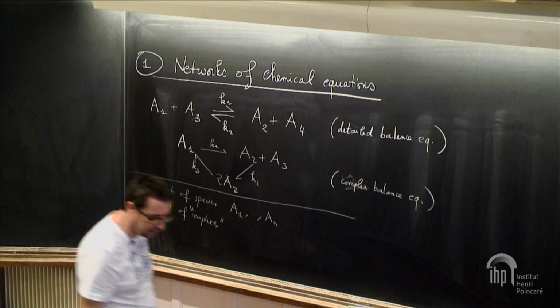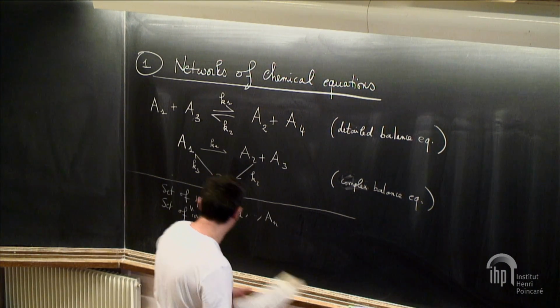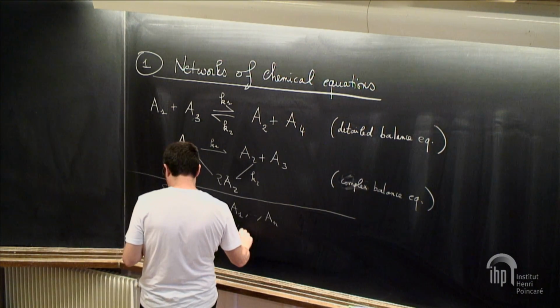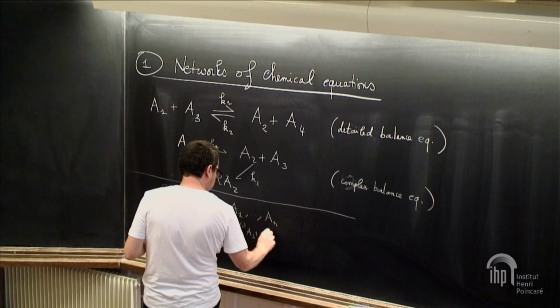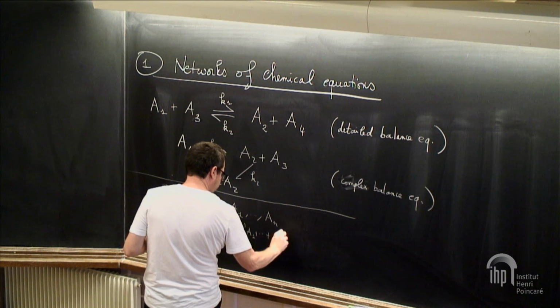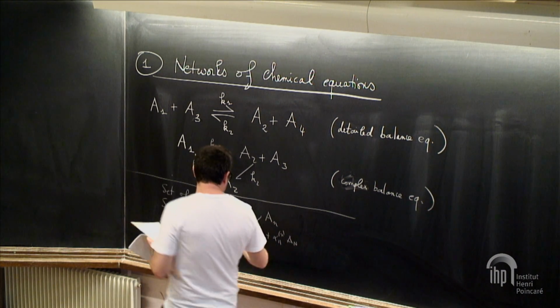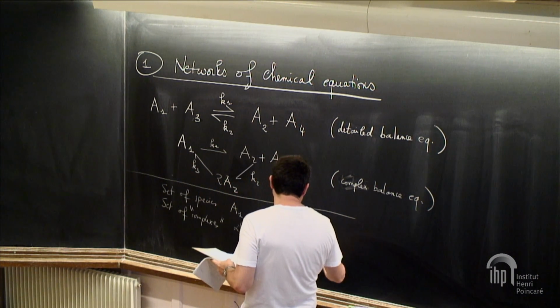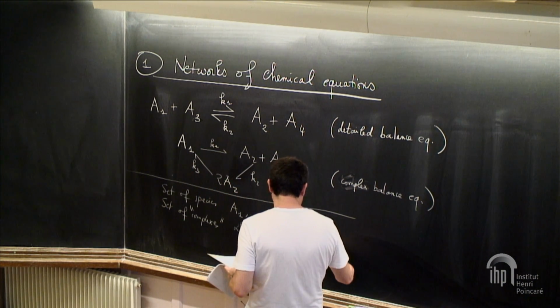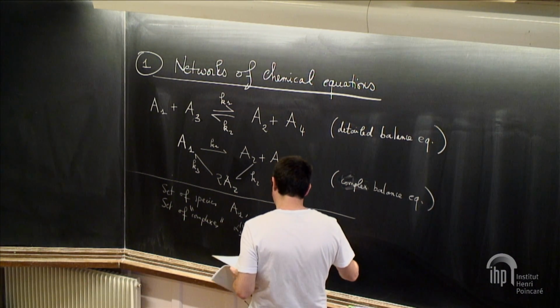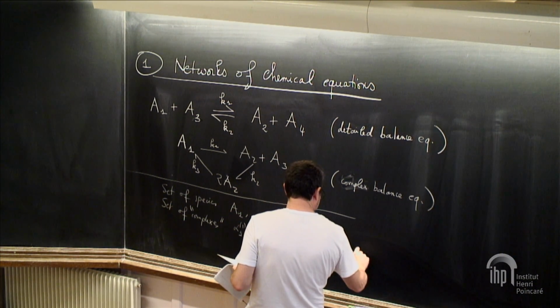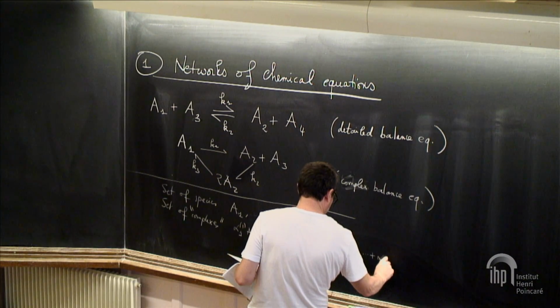So it looks like something like alpha 1,1 A1 plus up to alpha n,n AN. So this is one complex. And then you have, let's say, J complexes of the same form.